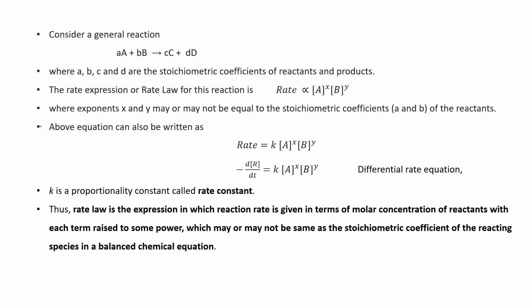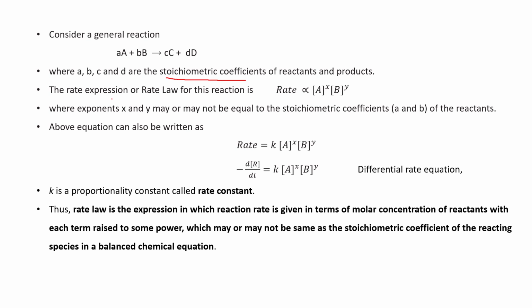Consider one general reaction: aA plus bB converts into cC plus dD, where the capital letters represent the chemical species and the small letters represent the stoichiometric coefficients of the reactants and products.